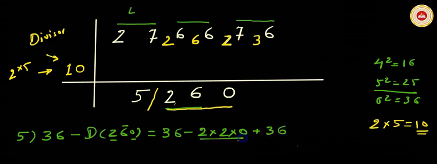So this term is 0 and 36 minus 36 is 0. Now this 0 is net dividend.